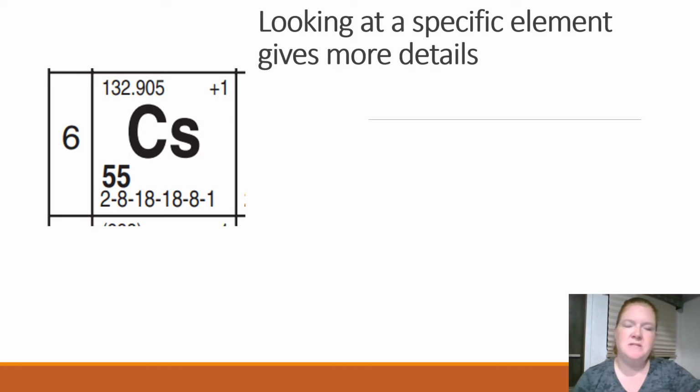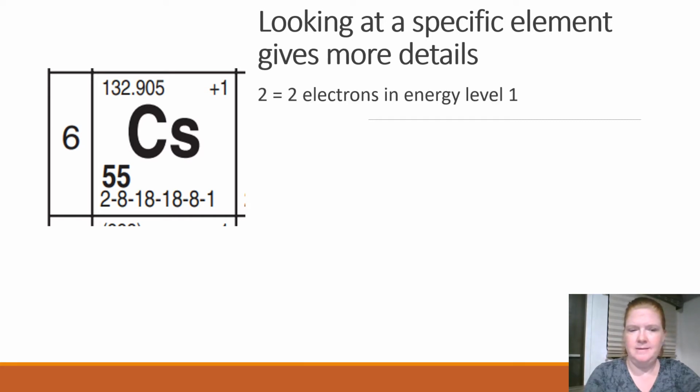Let's look at a specific element and get some more details. This is cesium, atomic number 55, which means it has 55 protons and 55 electrons. This first 2 means there are 2 electrons in energy level number 1. This 8 means there are 8 electrons in energy level number 2.